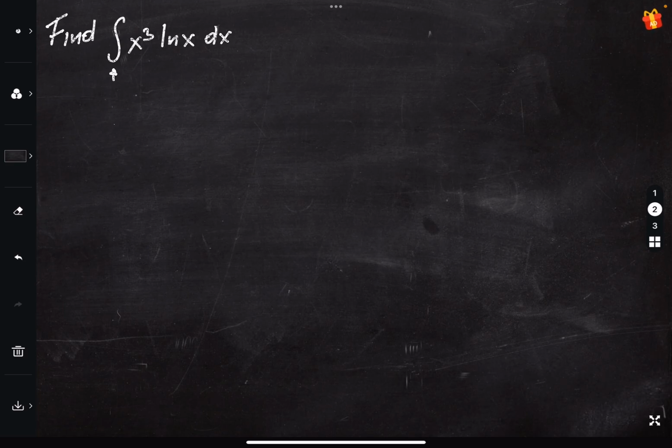The formula for integration by parts goes as follows. We have the integral of u times the derivative of v, because, as I say, it's parts.